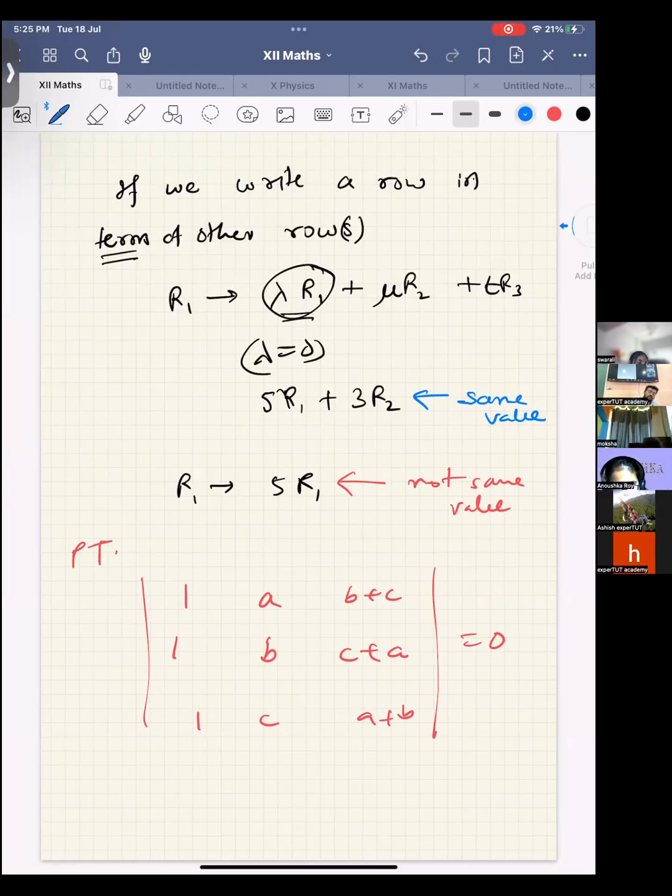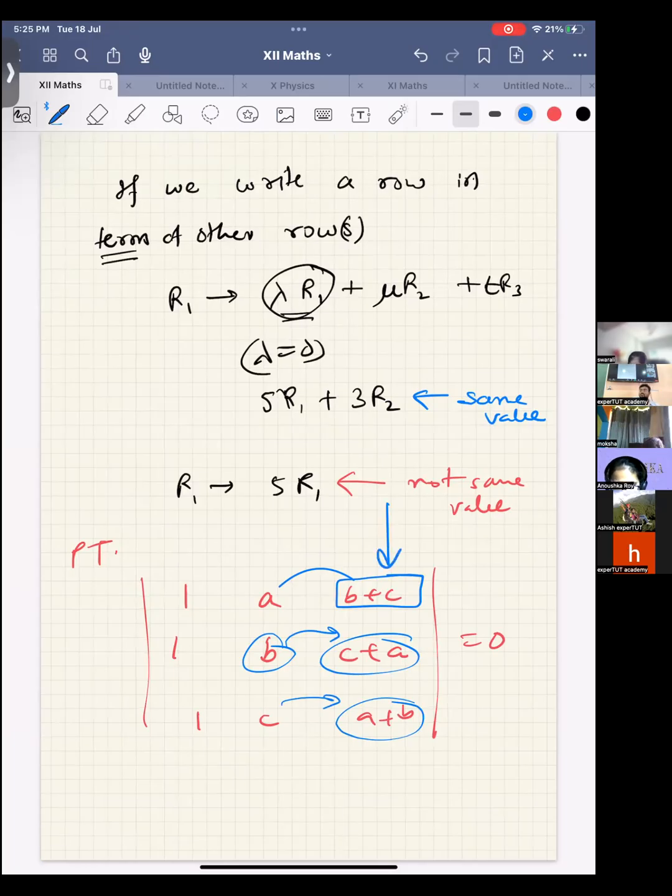See, if I add these two and write them here, what will this become? It's column 3, right? So what I'm going to do is, C3 is C2 plus C3. If I do that and write the result, what is going to happen?